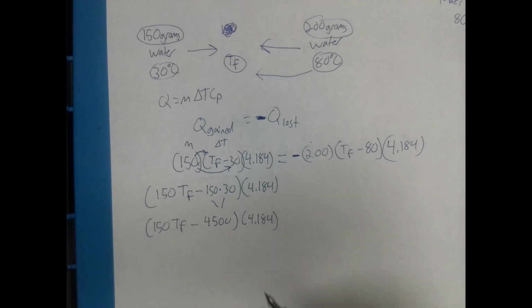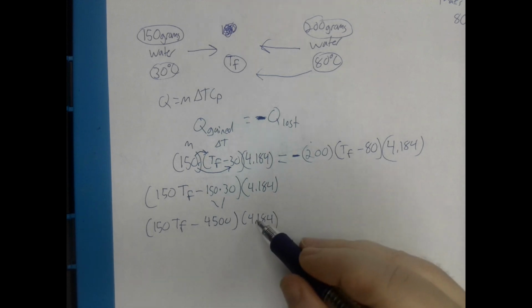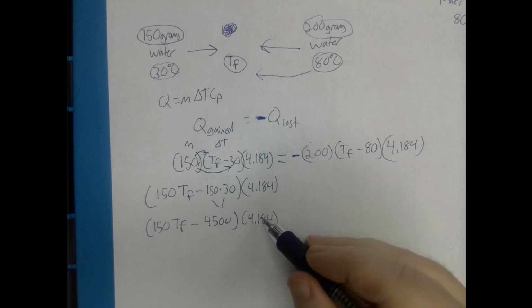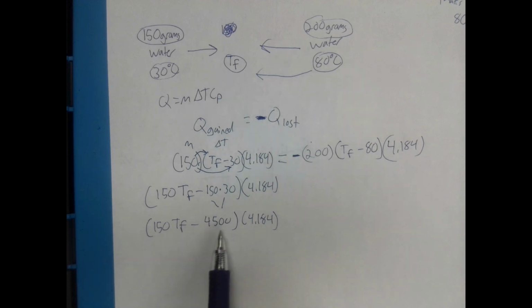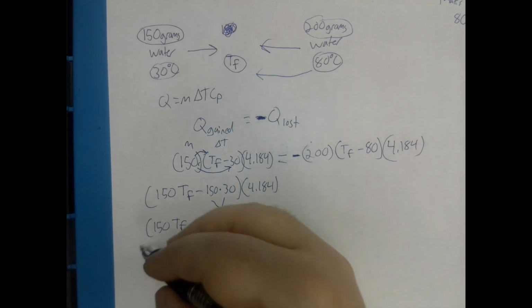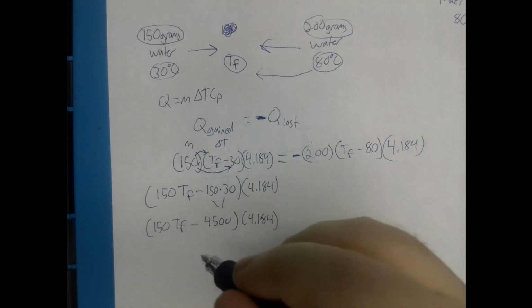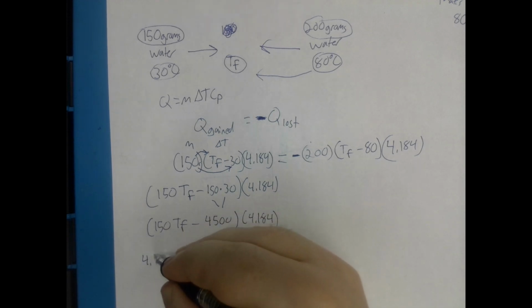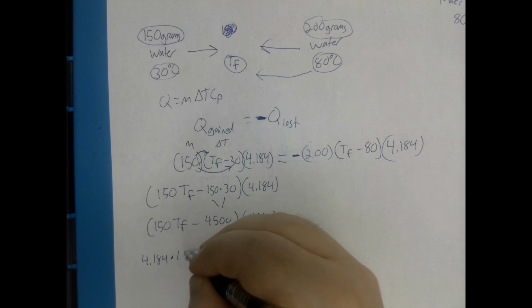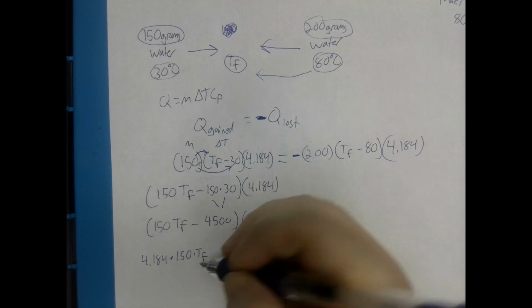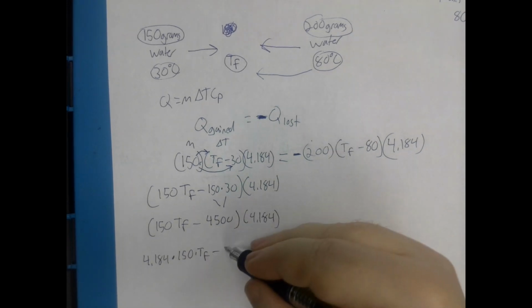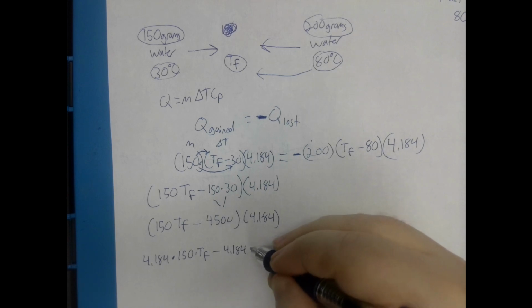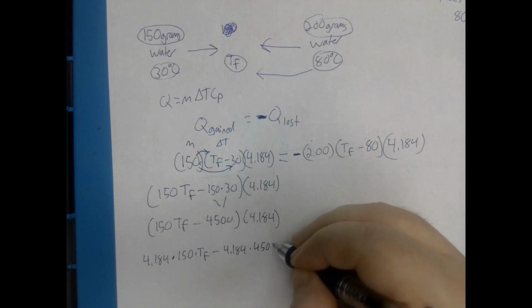and now I'm going to come over here and do the same thing. This term, 4.184, is going to multiply to everything inside the parentheses, so 4.184 times 150 times TF, and then 4.184 times 4,500.